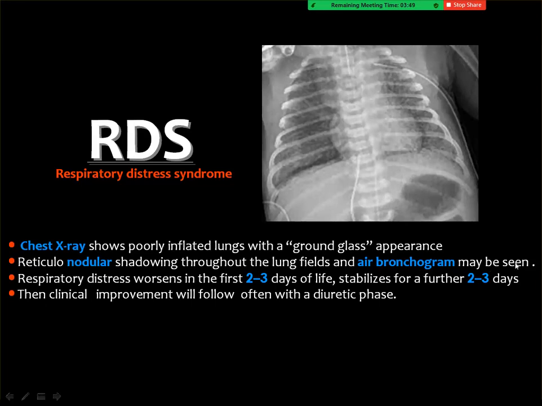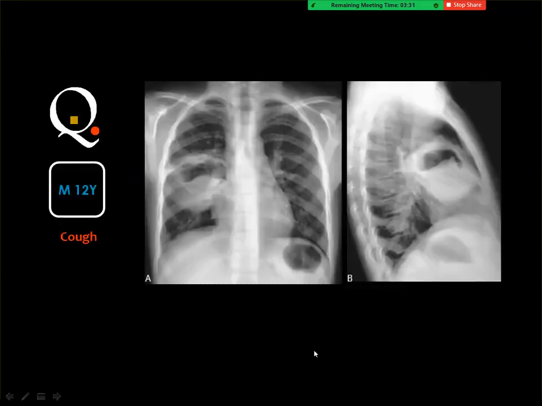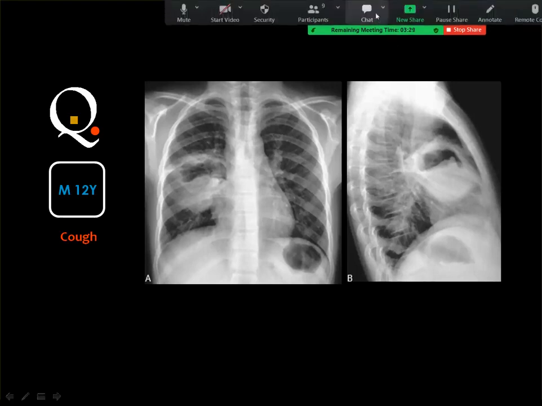You may appreciate some air bronchogram, and the clinical improvement will follow often with the diuretic phase, where you get clearance of these opacities. Next case is a male child, 12 years old, with a cavitary lesion in the right lung.